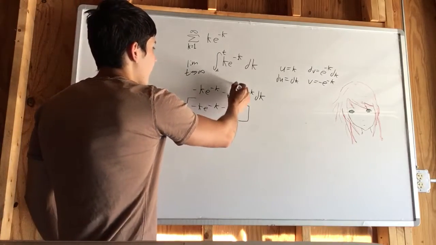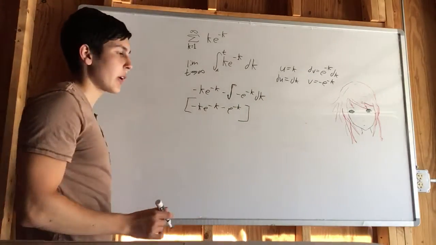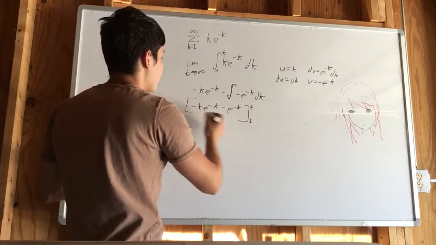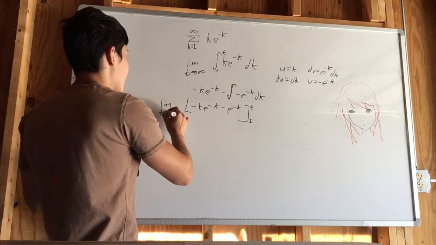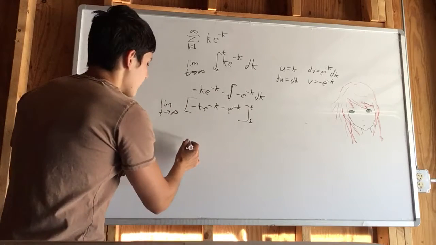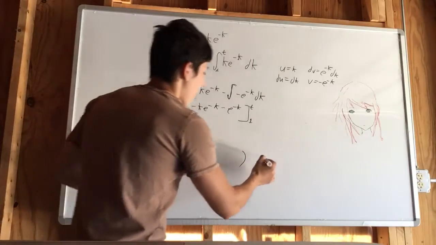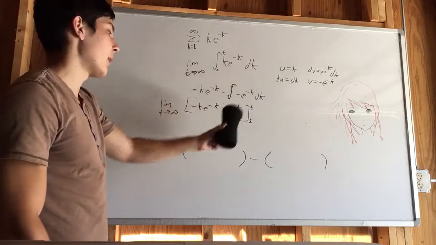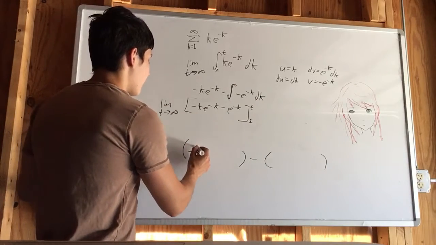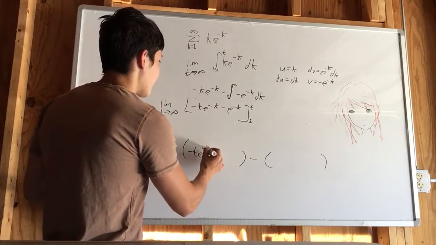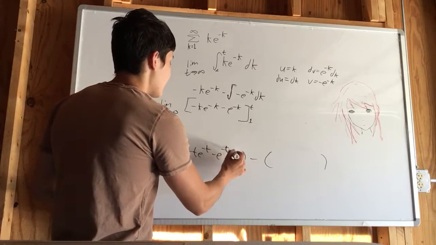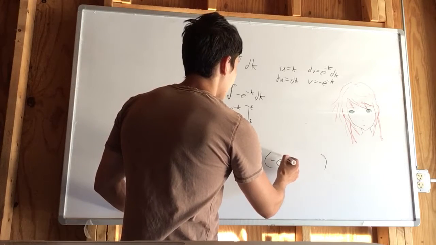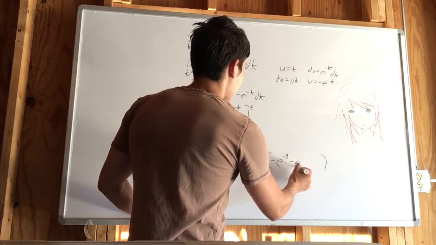So now that we've evaluated this by doing it in parts, we look back at what our bounds were: from 1 to t, and we're taking the limit as t approaches infinity. So we have our two pieces here, and we take the upper bound into here. This would be negative t e to the negative t minus e to the negative t, and our lower bound over there, which would be negative e to the negative 1 minus e to the negative 1.